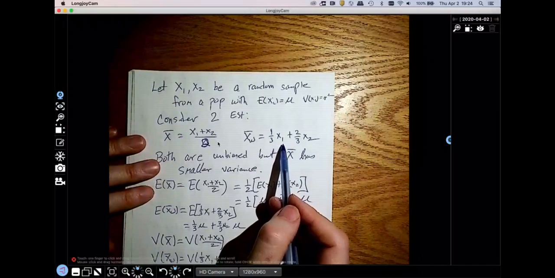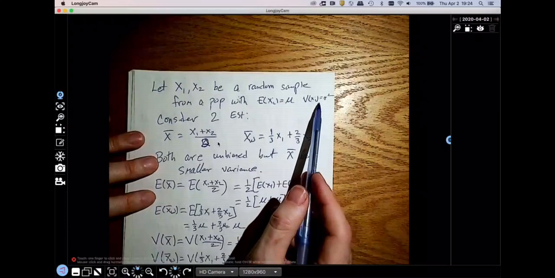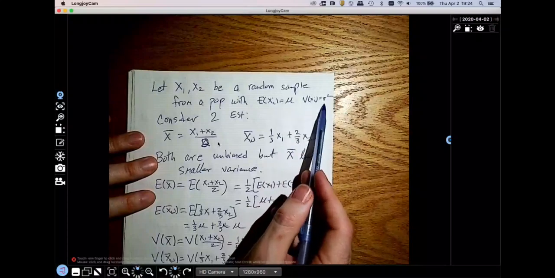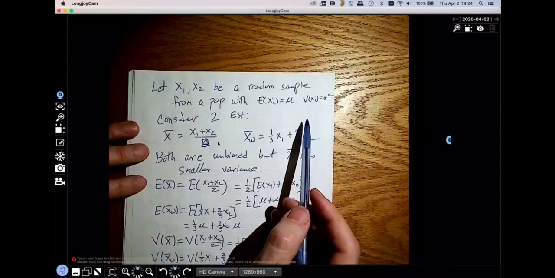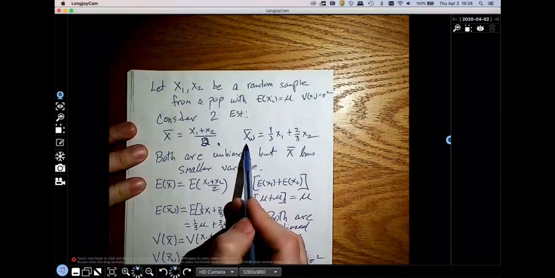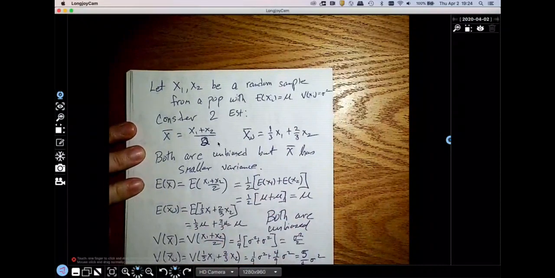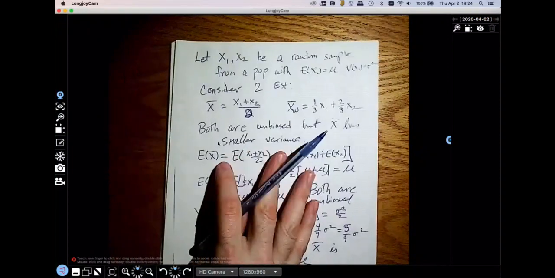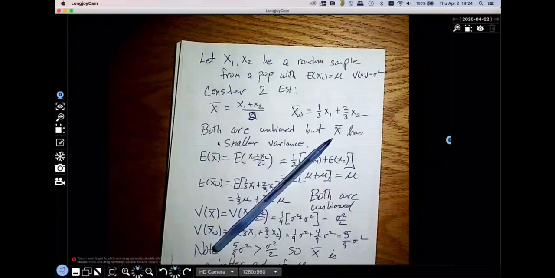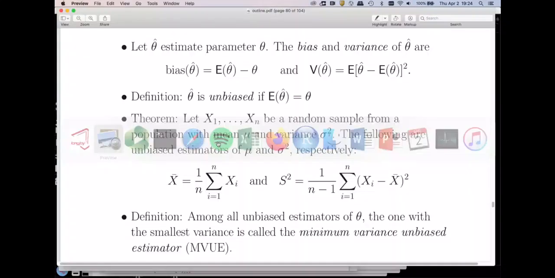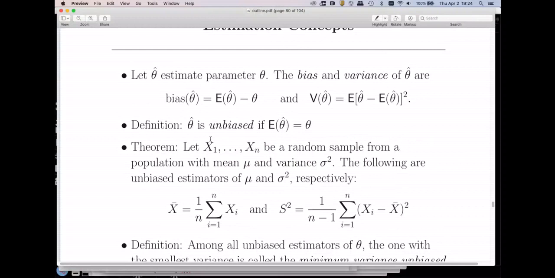And so if you had a situation where not all of your observations have the same reliability, then x bar w can actually be a better estimator than x bar. And so I'm going to ask you to show that on the homework assignment for this week. All right, that's enough for bias, variance, and unbiasedness.